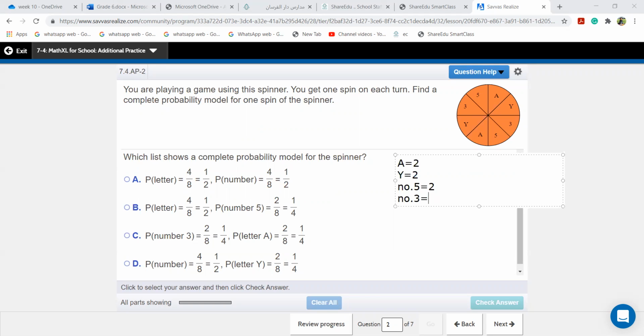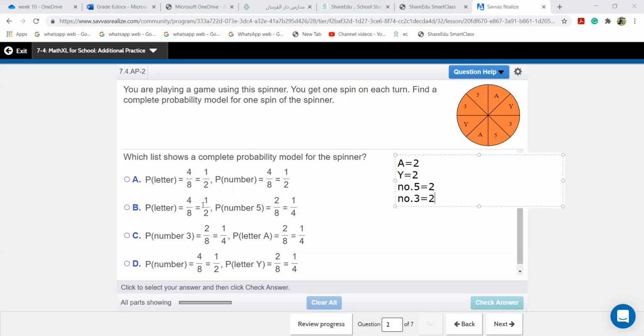You have 2. Now, tell me, how is the probability? 2 out of total, how many are there? 8. So P of letter is 4 over 8. Very good. That is correct.